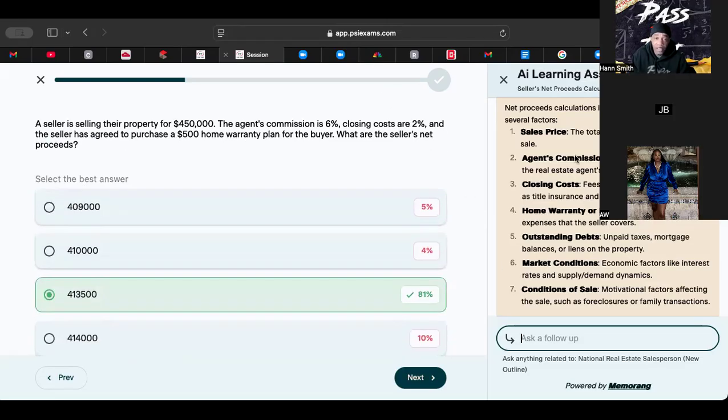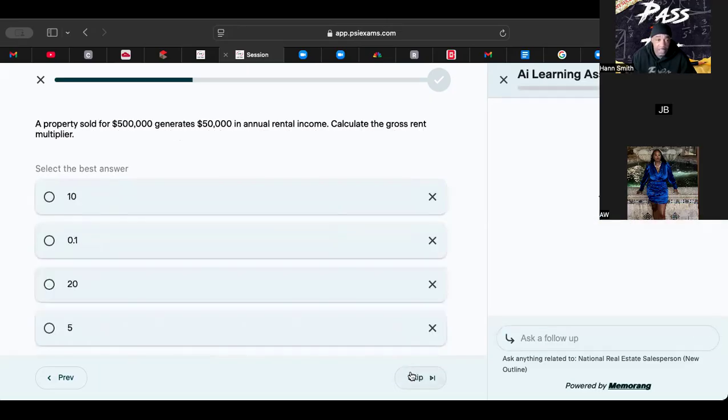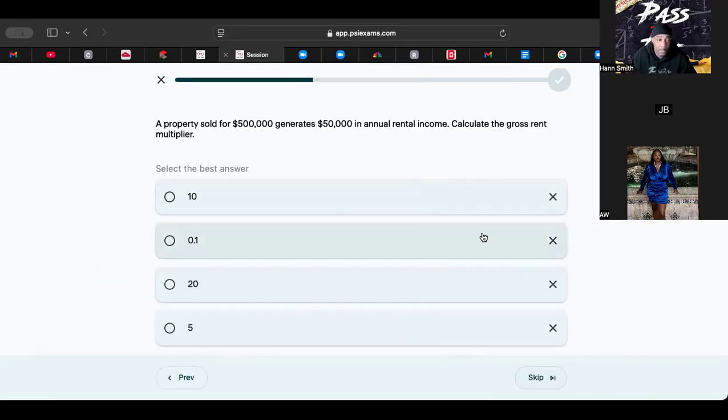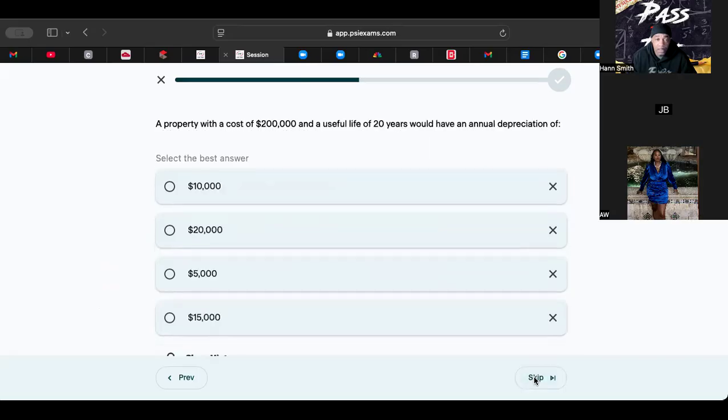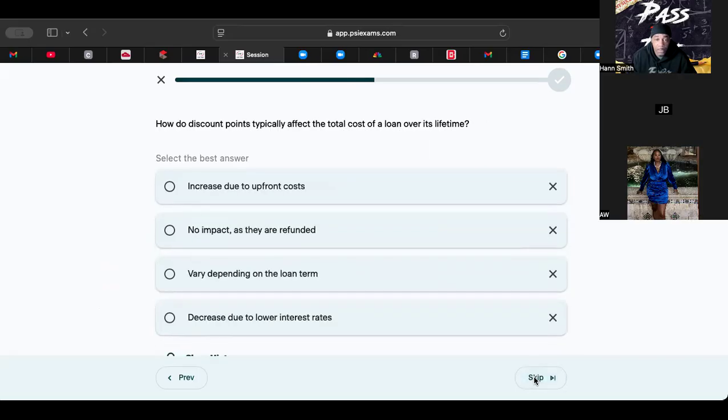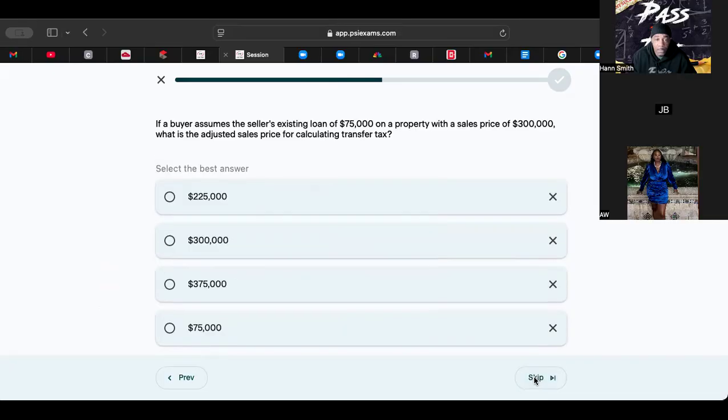Let's see if we can find another one with this. We're on PSI. So let's see if we can find another one. That's not a seller net proceeds question. That's not either. That's not either. Let's see if we can find one. That's similar to seller net proceeds.